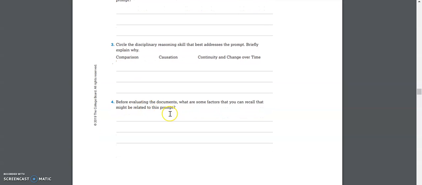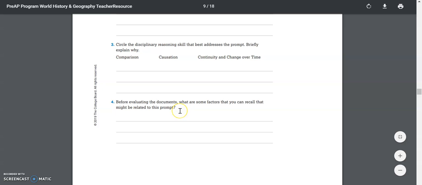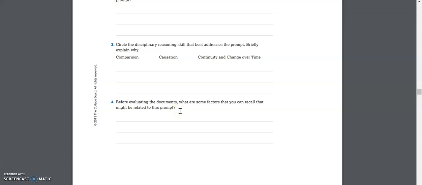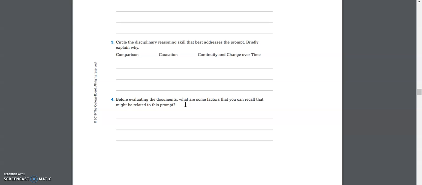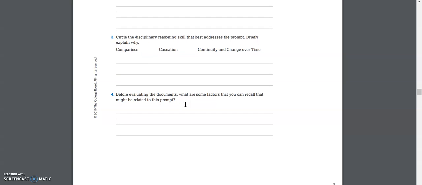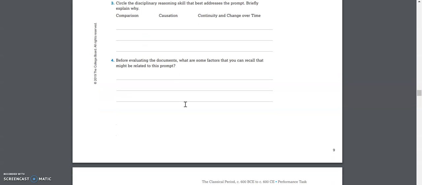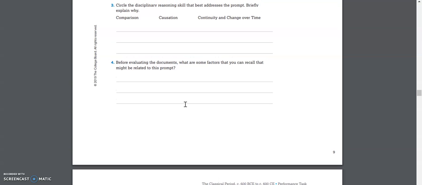Okay, and then number 4, before evaluating the documents, what are some factors that you recall that might be related to this prompt? Factors could mean, what civilization was the biggest during this time, or multiple civilizations probably.